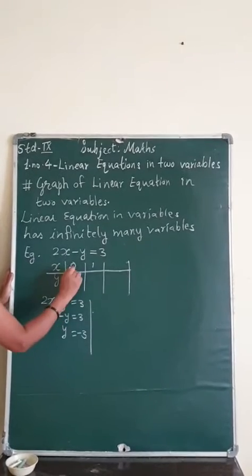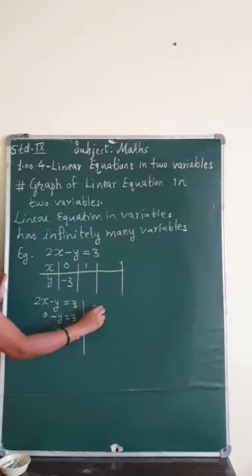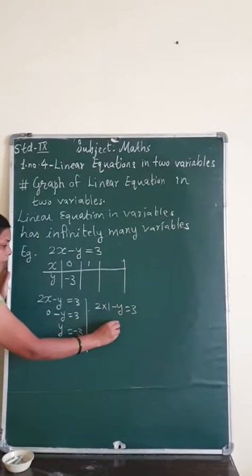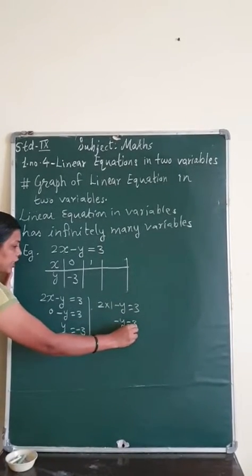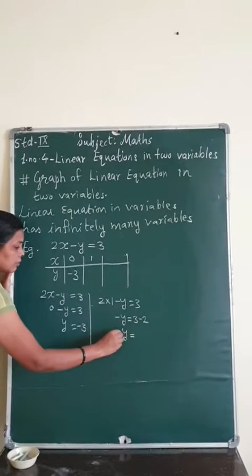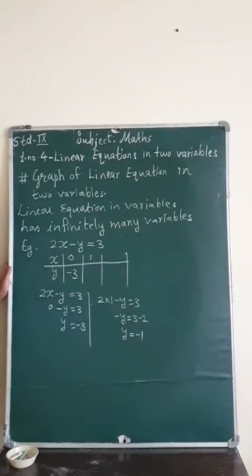If x is 1, it means 2 into 1 minus y is equal to 3. So minus y is equal to 3 minus 2, so y will be minus 1.